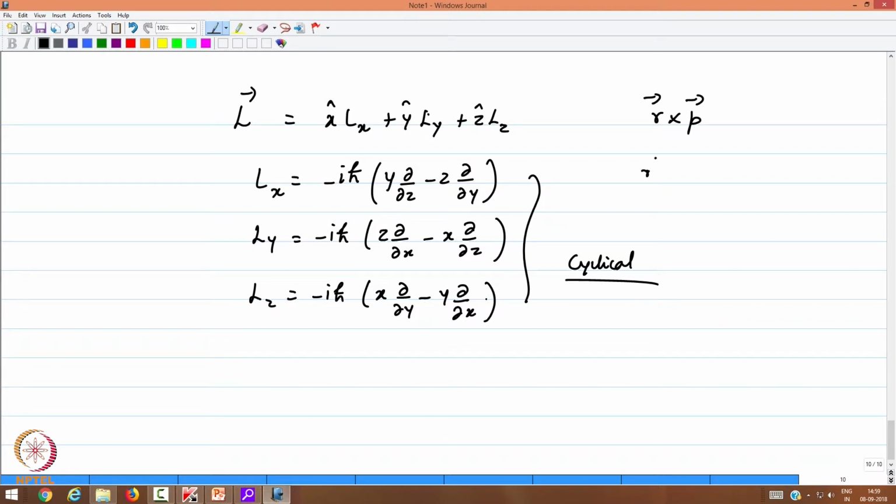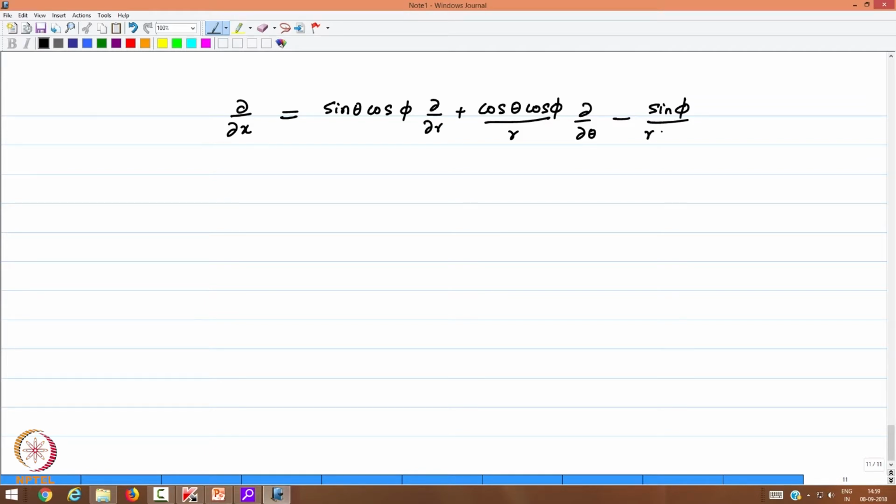Now, you should recall from the lecture notes and also the previous lectures that the derivative dou by dou x in spherical polar coordinates is given by this expression: sin theta cos phi dou by dou r plus cos theta cos phi by r dou by dou theta minus sin phi by r sin theta dou by dou phi.